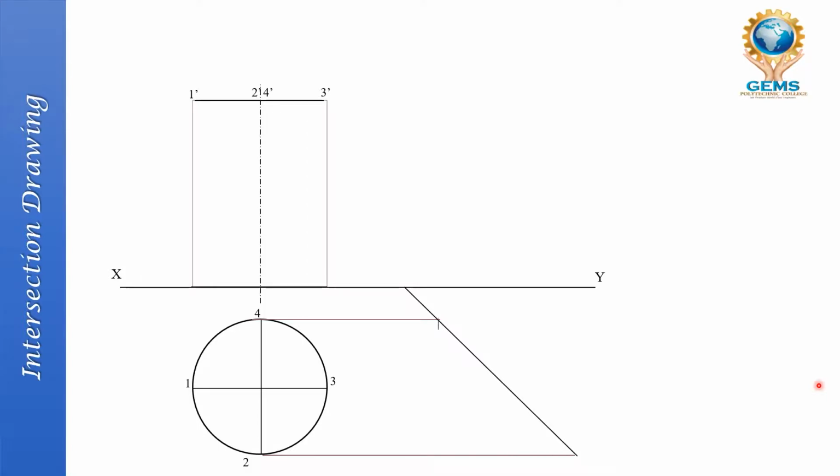Then it goes to the side view. To draw the side view, take the center point of the circle. If you want to draw a line from here, you can draw it. Draw a line from here which joins here, and then the last line.